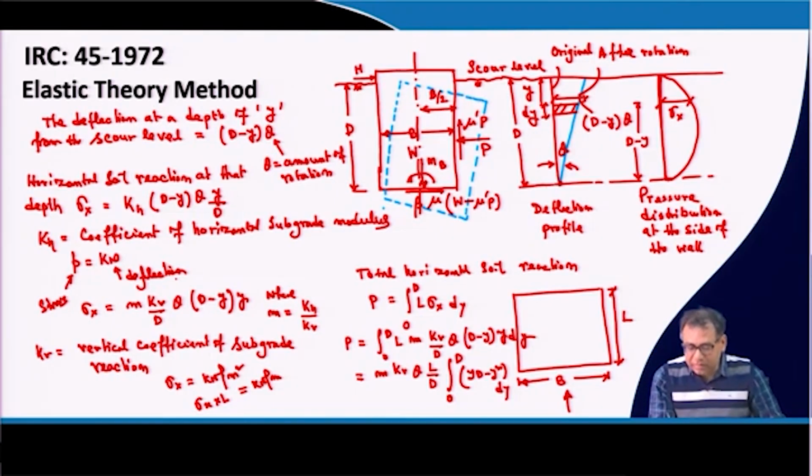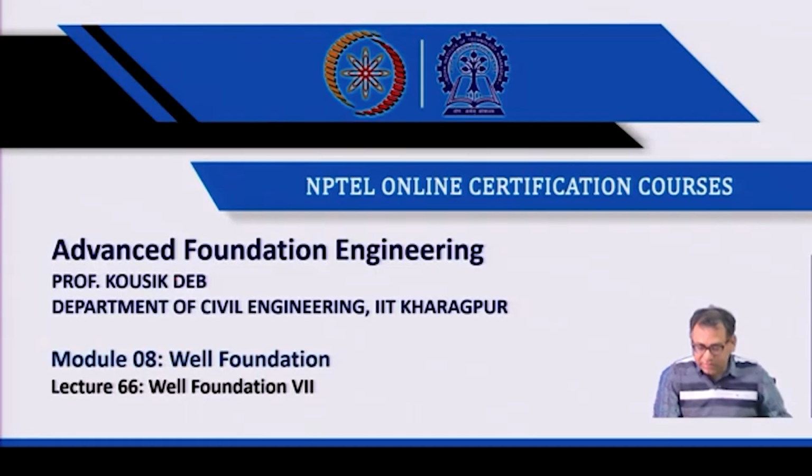That means there is soil on both sides. So one side will be passive, another side will be active, similar to what I discussed during Terzaghi's analysis. Here the right side will be the passive condition and the left side will be the active condition.